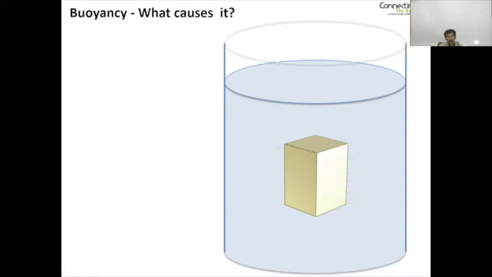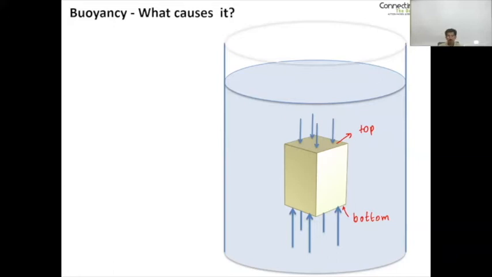What about this pair of sides? We have here the top surface and we have here the bottom surface. Are the pressures experienced by the top and bottom surfaces the same?